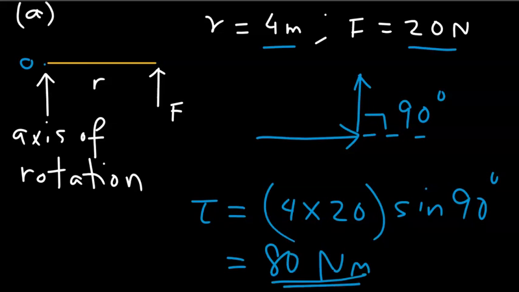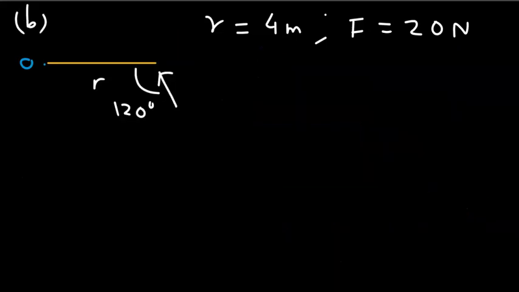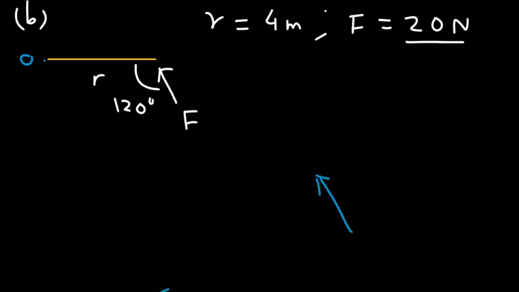And the direction of the torque is, of course, as you can see, because the rotation is counterclockwise, coming out of the board, and therefore the sign for the torque is positive. Now the same rod is being acted upon by the same magnitude of force, but at a slightly different angle. So as you can see, the force is heading that way. The position vector is going from the axis of rotation to the right, so you can sketch it that way.